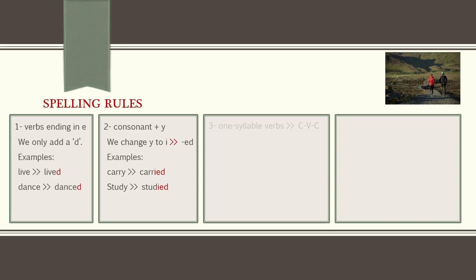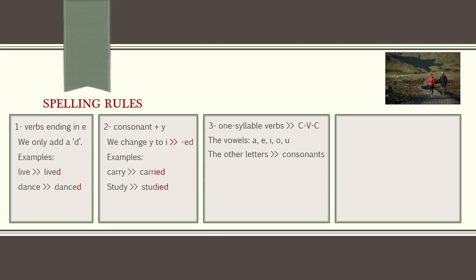Number 3. One-syllable verbs ending in a consonant-vowel consonant, CVC. Before we look at this spelling rule, let's quickly review what vowels and consonants are. In English, the vowels are A, E, I, O, U. All the other letters in the alphabet are consonants.